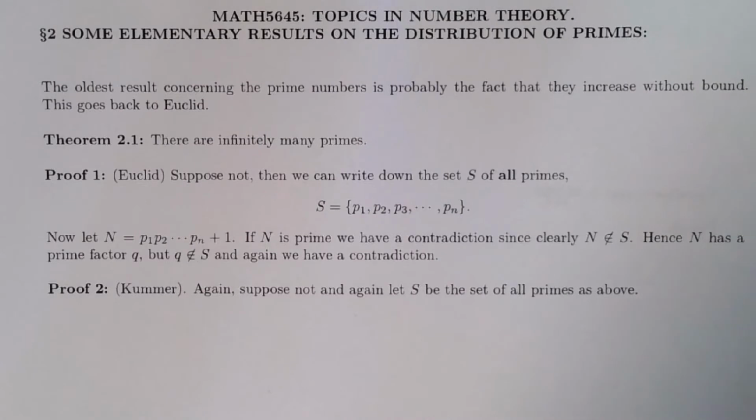So this chapter is going to be fairly technical in some sense, because we're just going to use simple ideas, but use them in a fairly, I think, clever way.